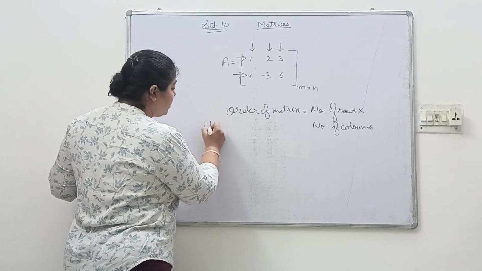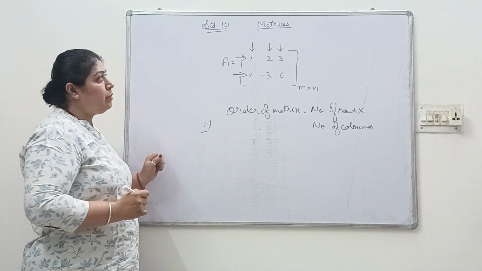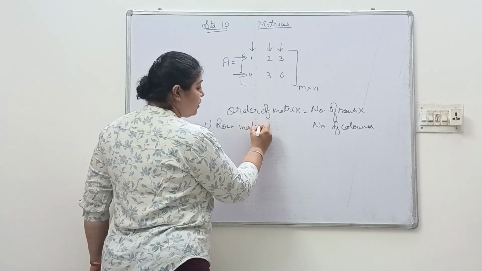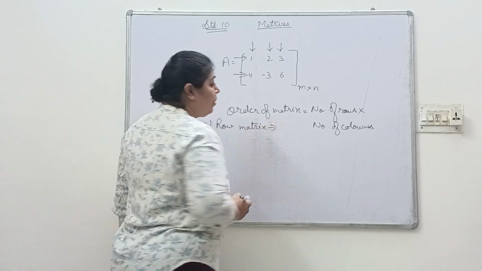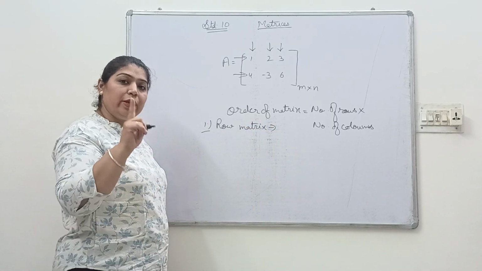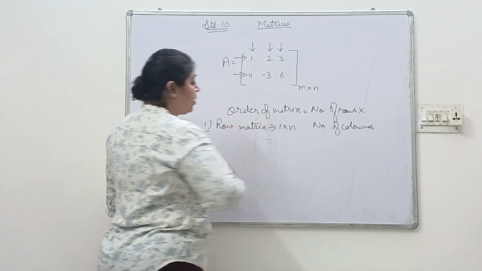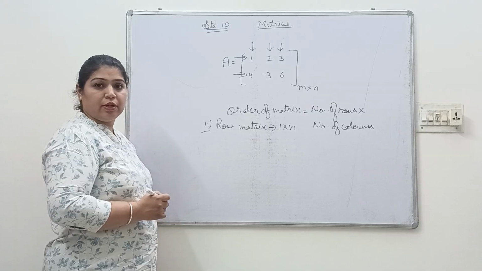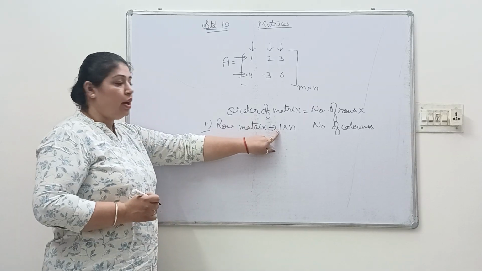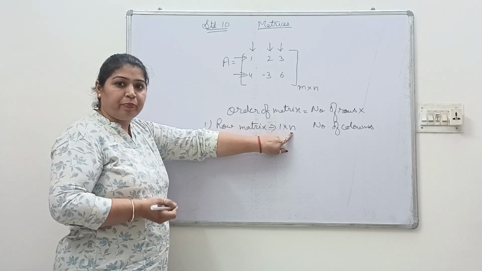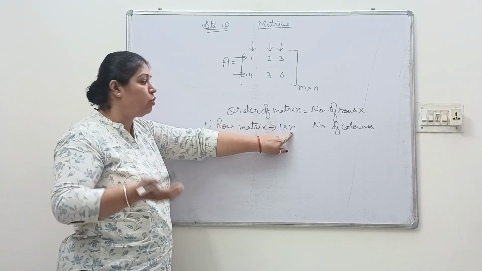These matrices are of a few types. The first one is the row matrix. A matrix which has only one row and any number of columns, n, is known as a row matrix. It may be 1, 2, 3, 4.